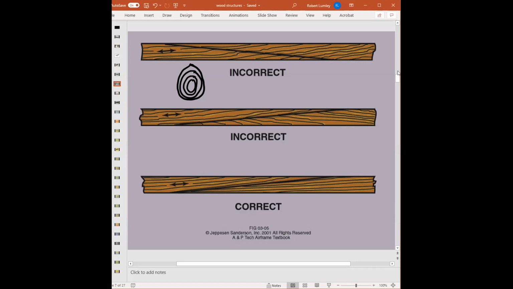Mineral streaks. Mineral streaking is caused because there are minerals within the ground. And when the tree is growing, it can actually pick up these minerals. These minerals can actually discolor the wood. Now, the problem is this. Decay usually will also change the color of the wood.